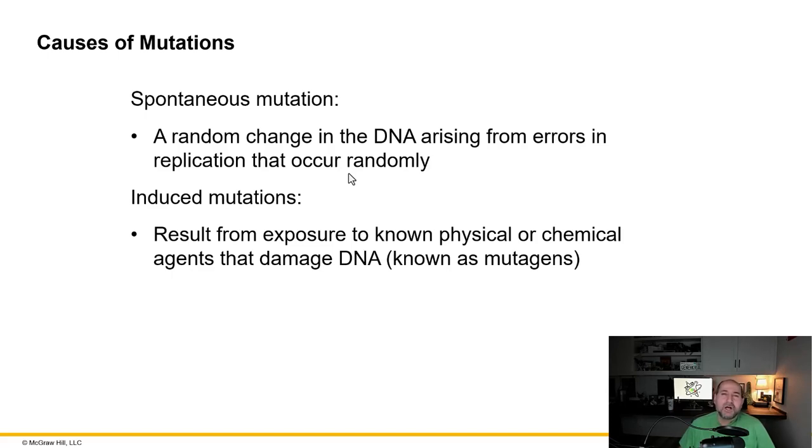These aren't very common because DNA polymerase has proofreading ability. However, mistakes can occur. So, just spontaneously, there is a chance that genes obtain mutations. They incur mutations when the chromosomes are being copied before the cell divides. And this is known as a spontaneous mutation. There's nothing we can do about that.